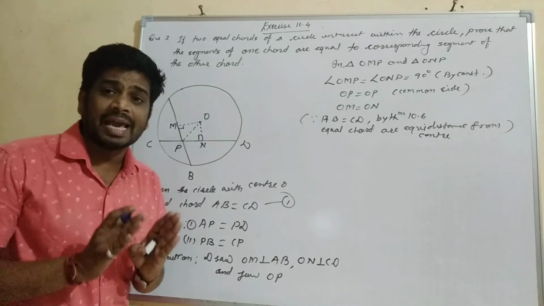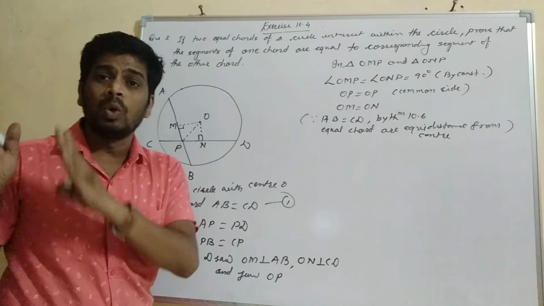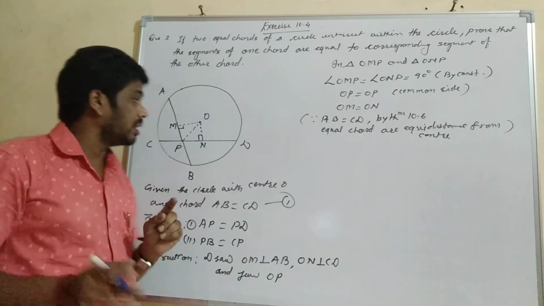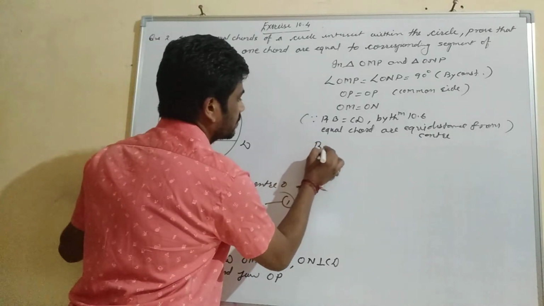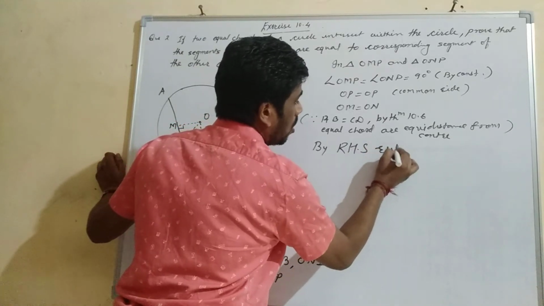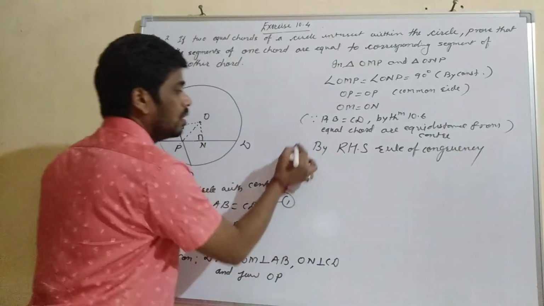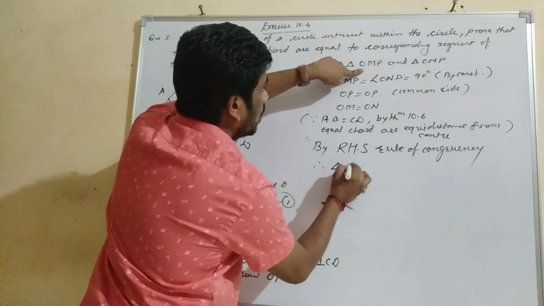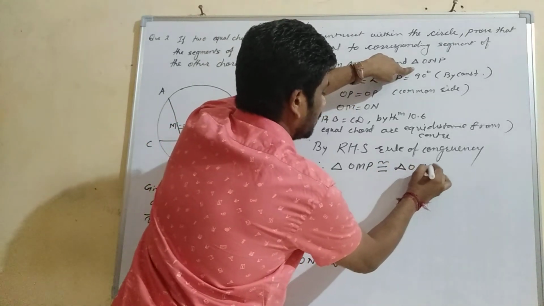So by the RHS rule of congruency, meaning right angle, hypotenuse and side rule, we can write triangle OMP is congruent to triangle ONP.